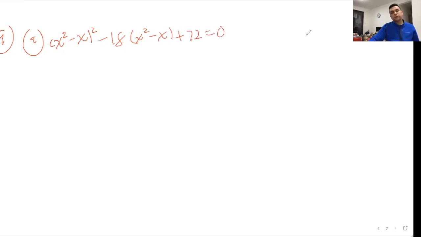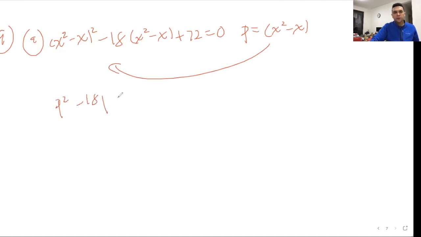So if they don't give you the substitution, you choose your own letter. I don't know, I'm going to use P equals x squared minus x. I'm just going to bring that here. So I get P squared minus 18P plus 72 equals 0.